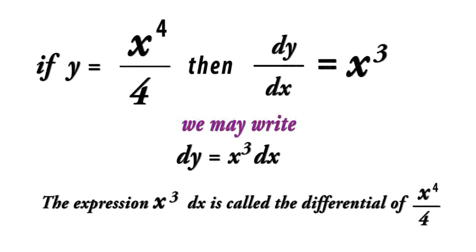If y is equal to x to the exponent 4 divided by 4, then dy/dx, I hope you remember, is equal to x cubed. We may write dy is equal to x cubed dx. The expression x cubed dx is called the differential of x to the exponent 4 divided by 4.